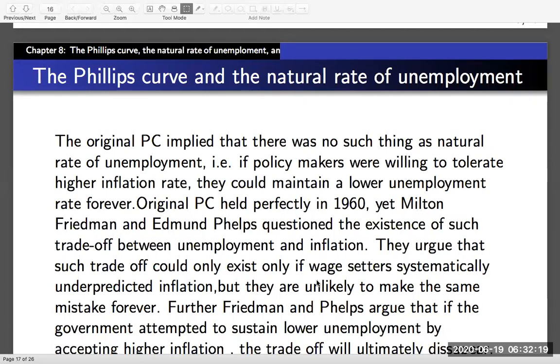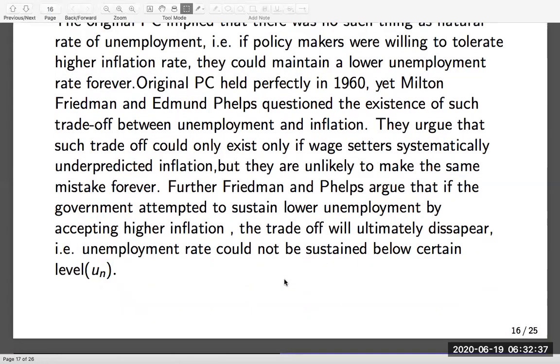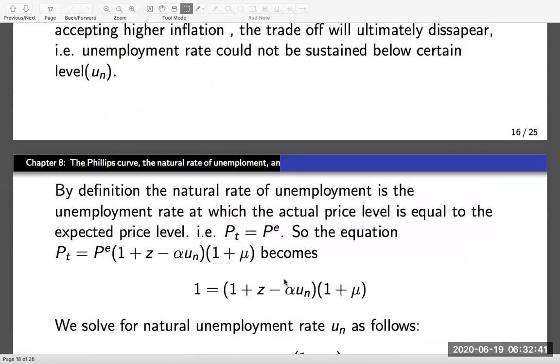Further, Friedman and Phelps argued that if the government attempted to sustain lower unemployment by accepting higher inflation, the trade-off would ultimately disappear, i.e. unemployment could not be sustained below certain levels. So there could be a level where the government cannot actually influence unemployment.